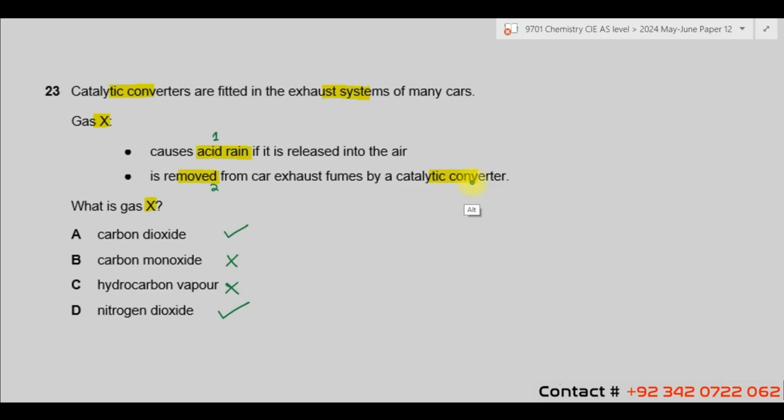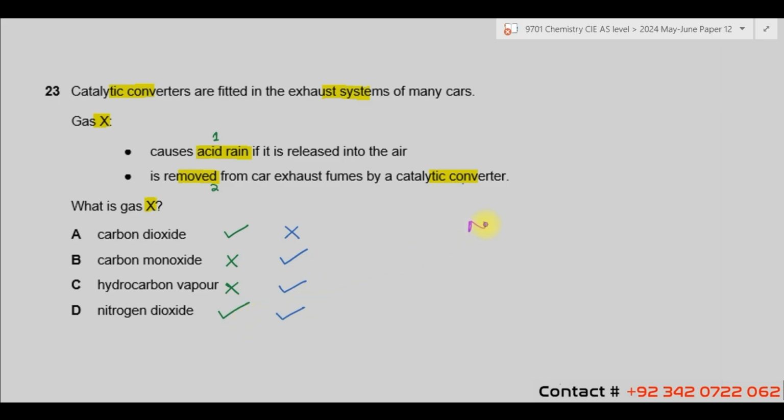Second part is that it is removed from car exhaust fumes by the catalytic converter. So the catalytic converter removes toxic gases. For example, carbon dioxide is one of the products, it is not toxic, so it is not removed. Carbon monoxide is removed as it is toxic. Hydrocarbon vapors are completely combusted in a catalytic converter to form CO2 and water. Nitrogen dioxide is removed from car exhaust by the catalytic converter.